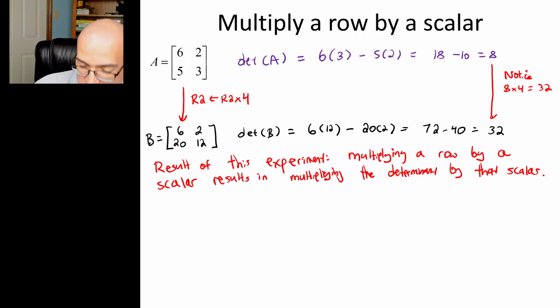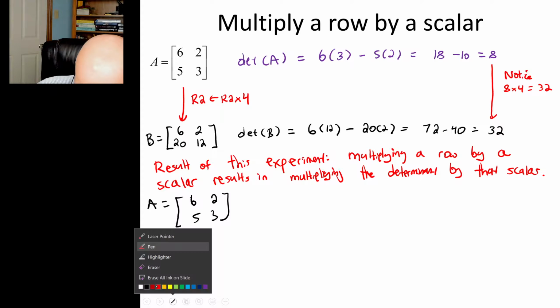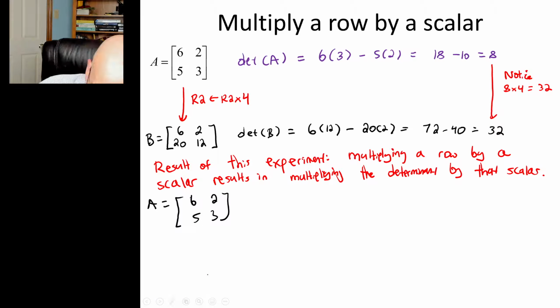Let's check columns next. Let's see if a column experiment is the same. So we have A is equal to 6, 2, 5, 3, and we'll do an experiment. So this is a different experiment.